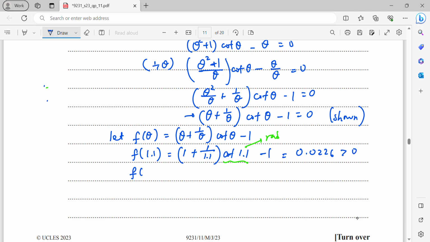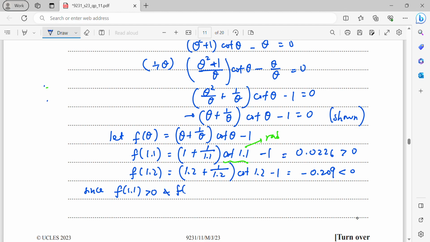And then f(1.2) is going to be 1.2 plus 1 over 1.2 cotangent 1.2 minus 1. Then this is going to be negative 0.209 and is less than 0. So from here I will write, since f(1.1) is greater than 0 and f(1.2) is less than 0, there is a sign change.